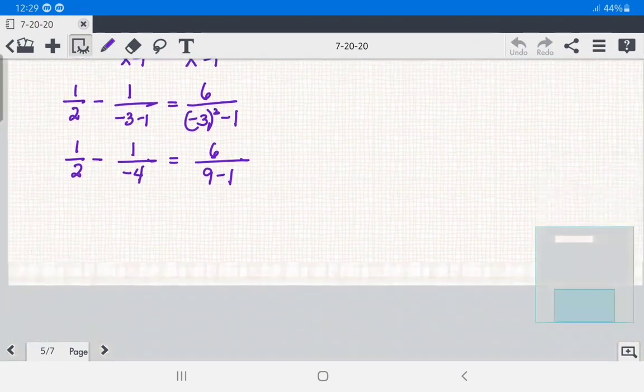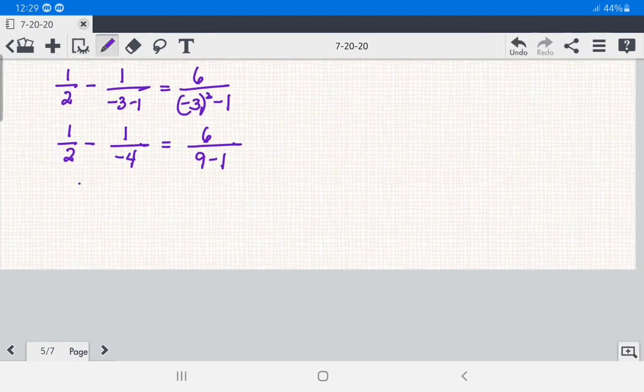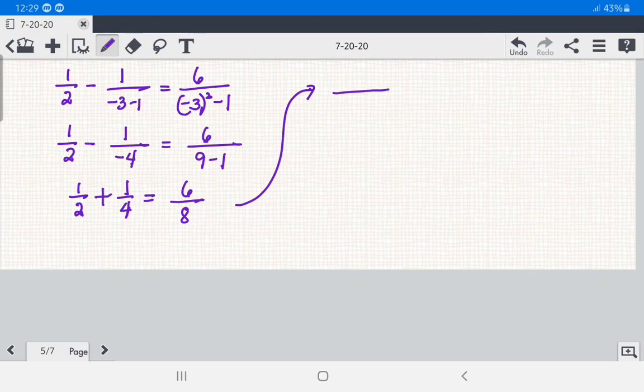Okay? Then, we have 1 half. Negative times negative, positive, 1/4. Then, equals to 6 over 8. Okay? Then, get the LCD, which is 4. So, 4 divided by 2, we have 2.